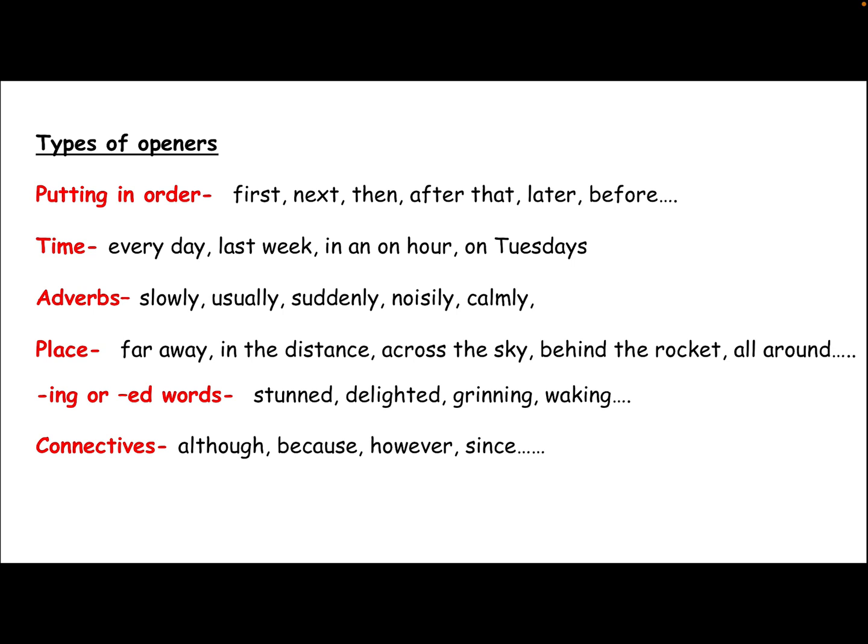Or you might say, because my oxygen was running low, comma, I was incredibly worried about whether I would survive. So you're starting with the connective. Instead of putting it in the middle of the sentence, you're putting it at the beginning of the sentence, but you still need to have the other phrase that makes it make sense.